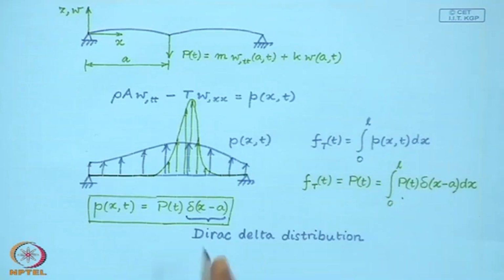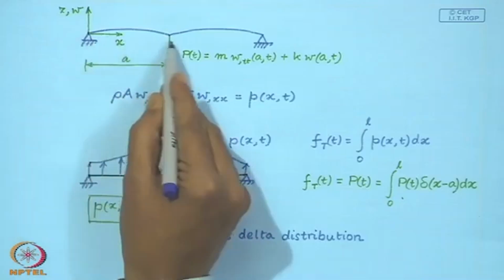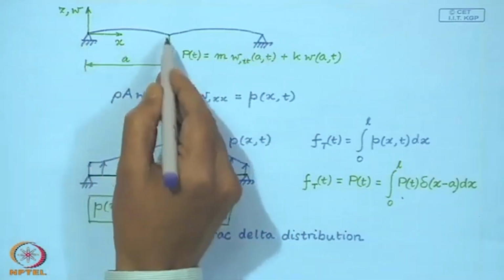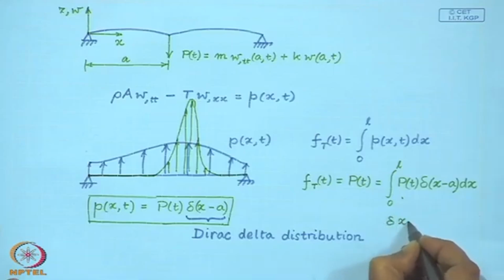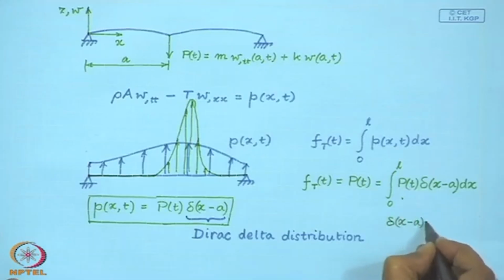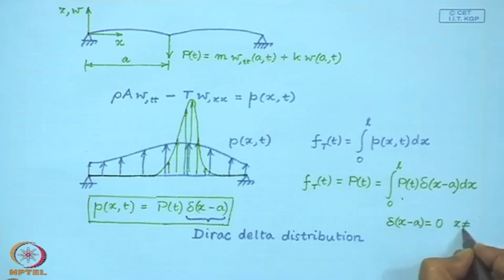First of all, this distribution must be 0 everywhere on the string except at x equal to a.